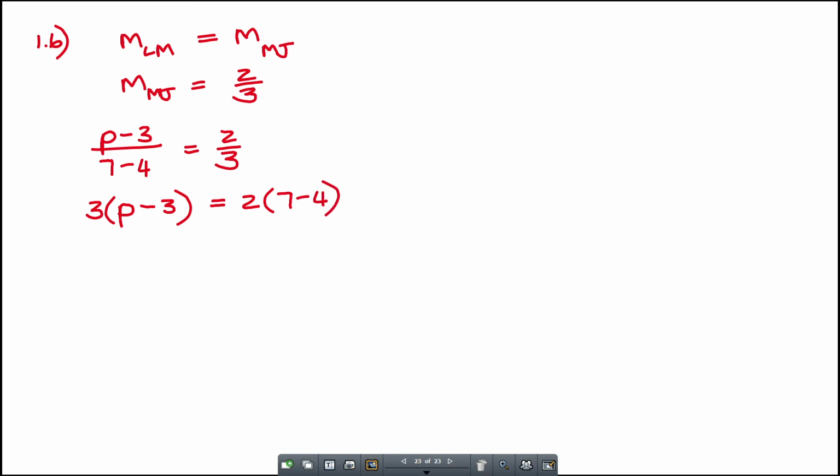Met ander woorde, 3P minus 9 is equal to 7 minus 4 is 3 maal 2 is 6. So 3P is gelyk aan 15, so P will be 5. Is julle nog by?